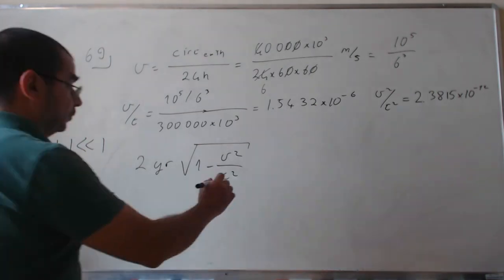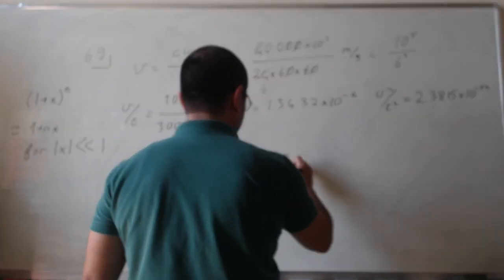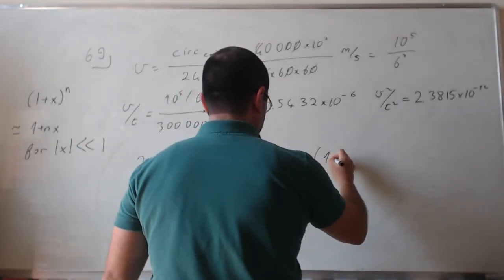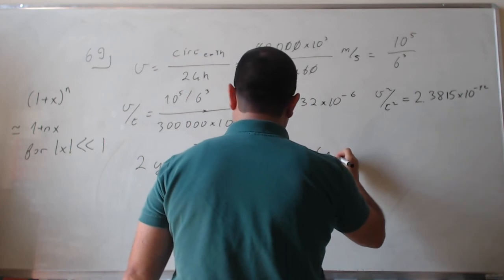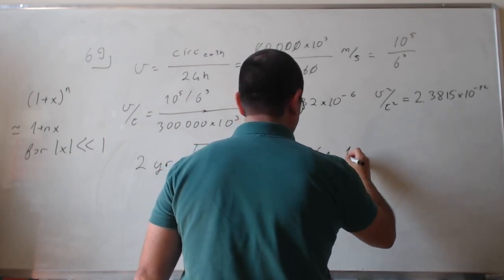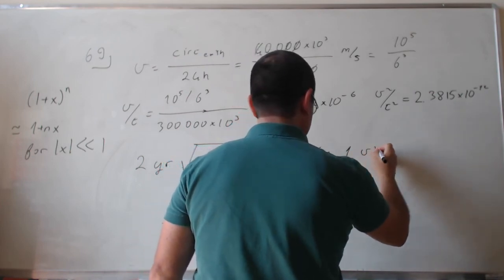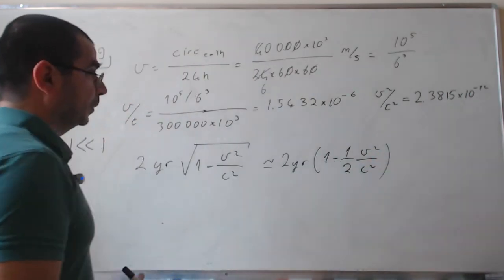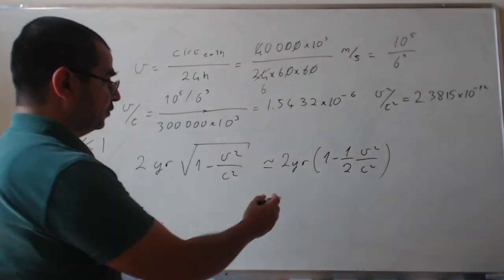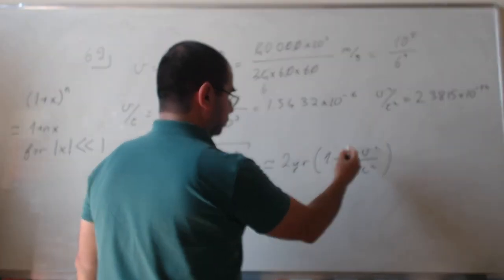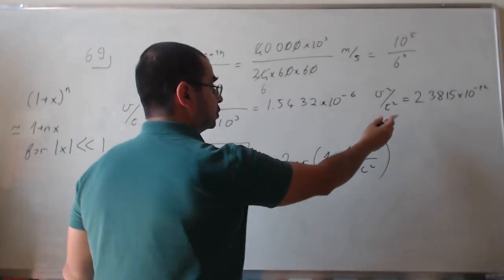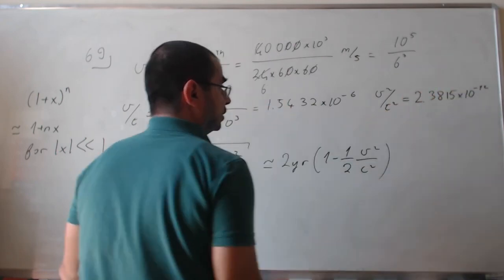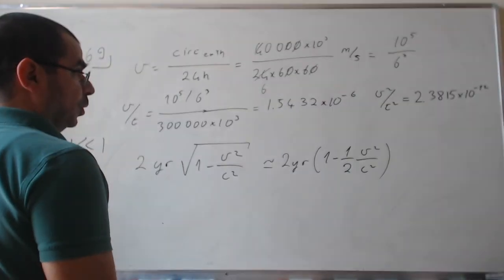So this is going to be approximately 2 years times 1 minus a half v square by c square. So we can just take this. This difference is going to be just 2 cancels a half. The difference is just going to be this much times 1 year.